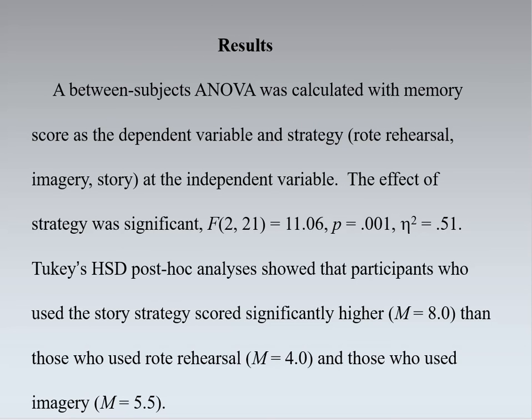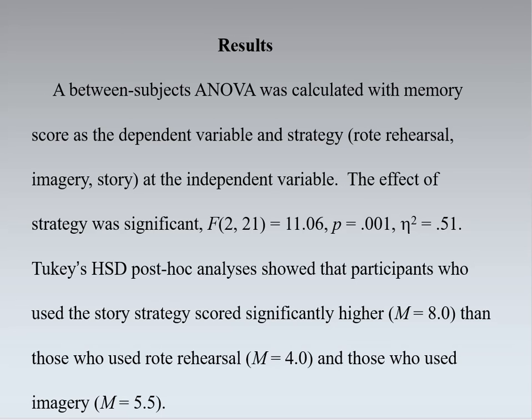Now remember, with results, we really plug and play. ANOVA, just like with t-test, is just a template. A between subjects ANOVA, which is different from the new one we're going to be doing called within or factorial, we can say the ANOVA was calculated with whatever our dependent variable is, and then our independent variable, and then we put our levels in there.